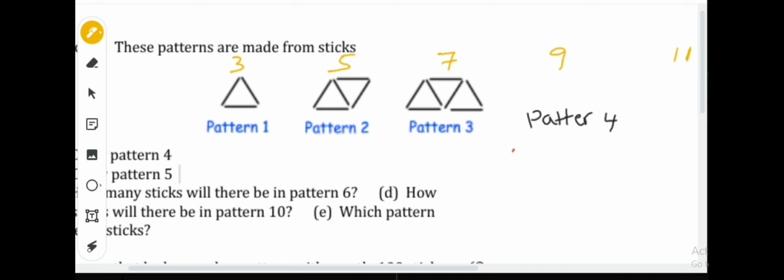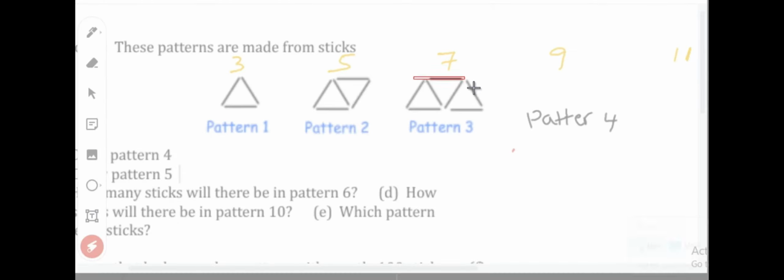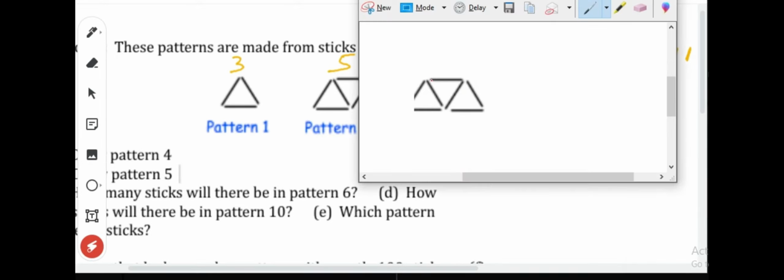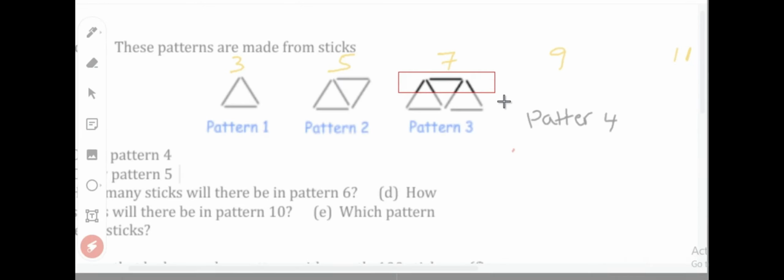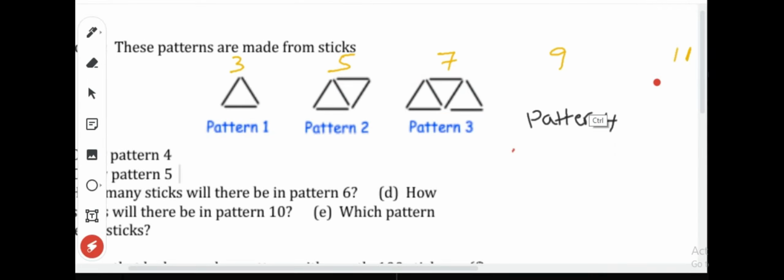So we just draw the pattern the way it is. I can just copy this one and reproduce it here so that I can have the work.